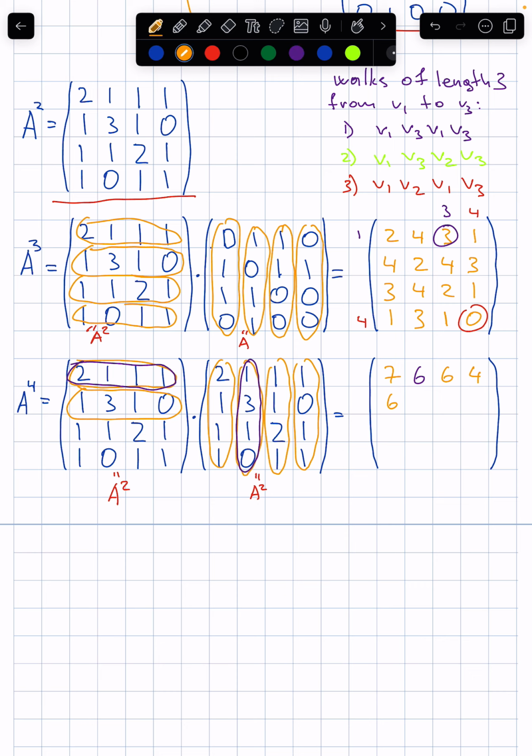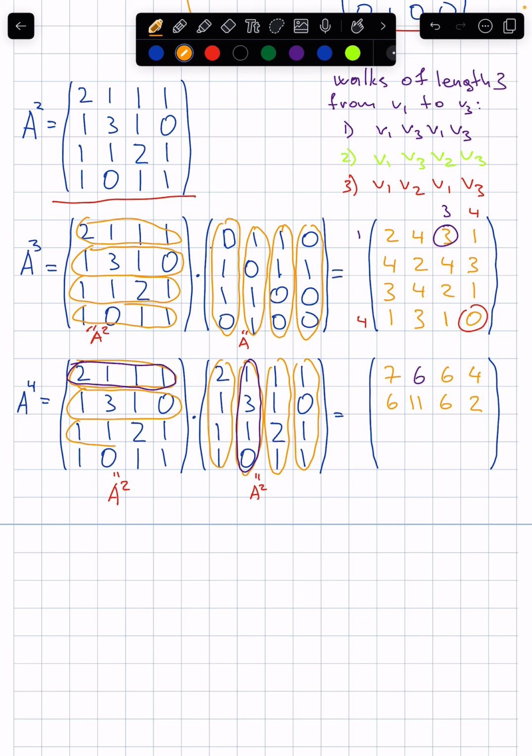Okay. And now the second row by the second column. So that's 1 plus 9 plus 1. So that's 11. Then by the third column here, it's 1 plus 3 plus 2, so that's a 6. And then 1 plus 1, that's a 2.